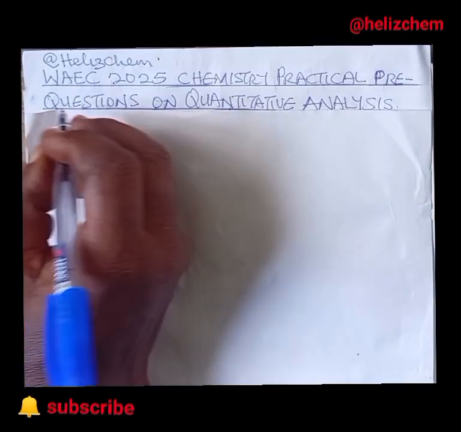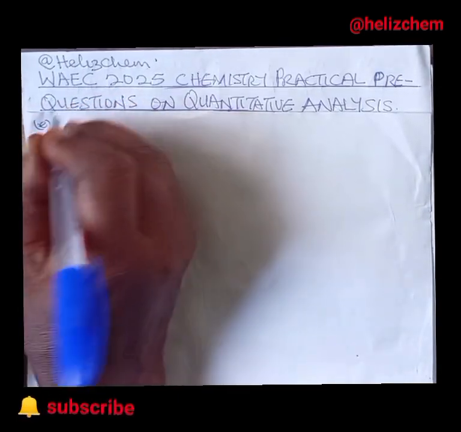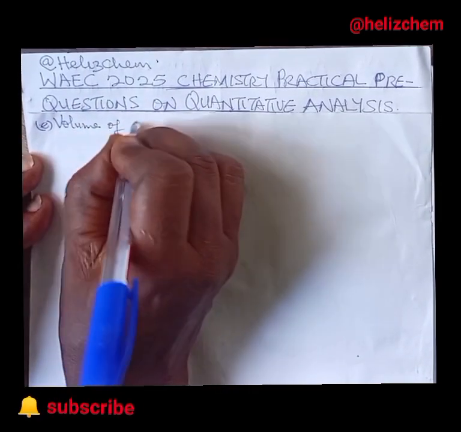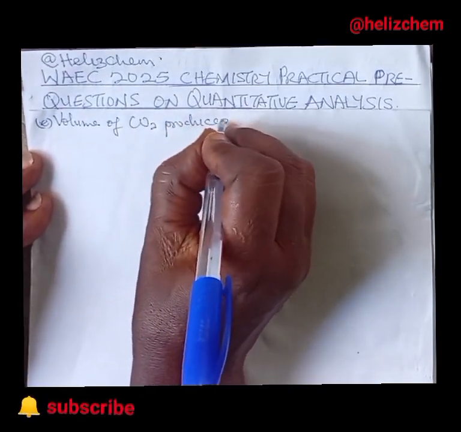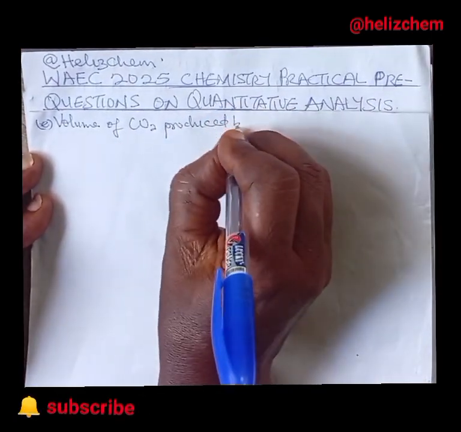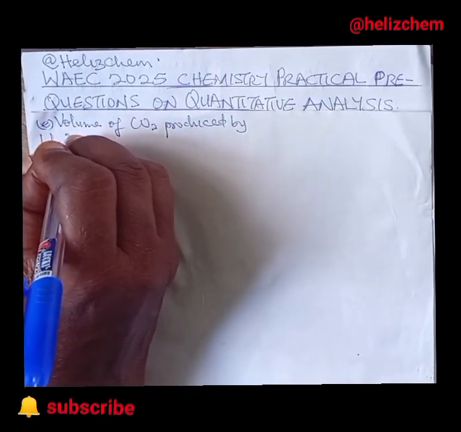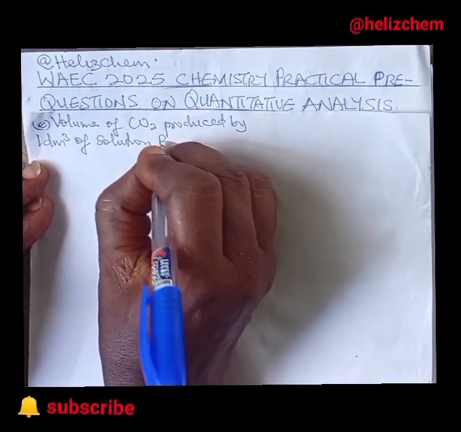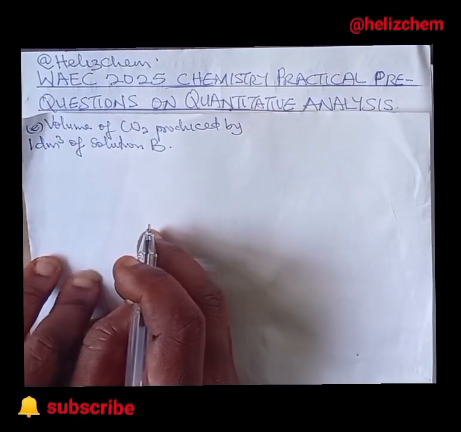To question E now, E says calculate the volume of CO2 produced by 1 dm cube of solution B. How do we go about it?